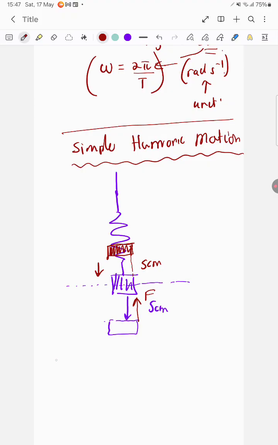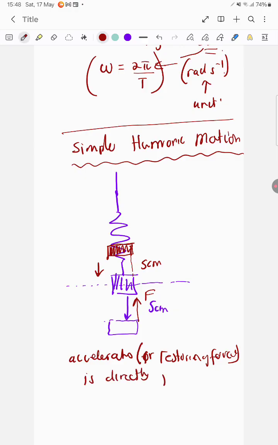Simple harmonic motion is defined as the oscillation in which the acceleration, or the restoring force, the acceleration or restoring force is directly proportional to the displacement.